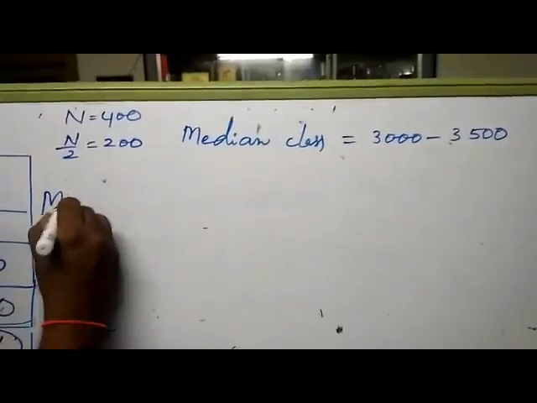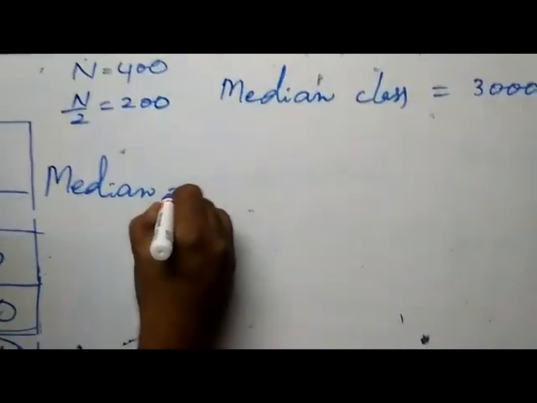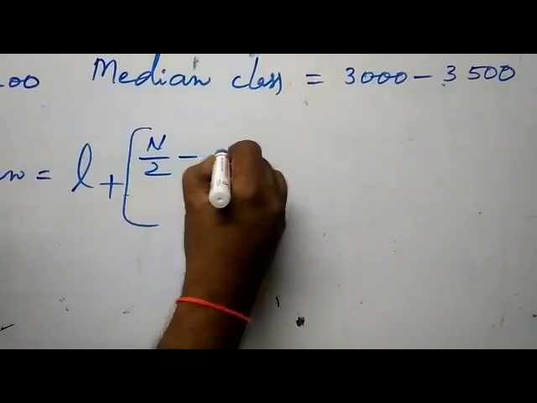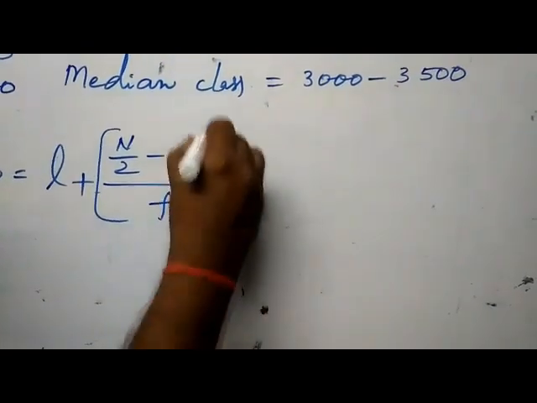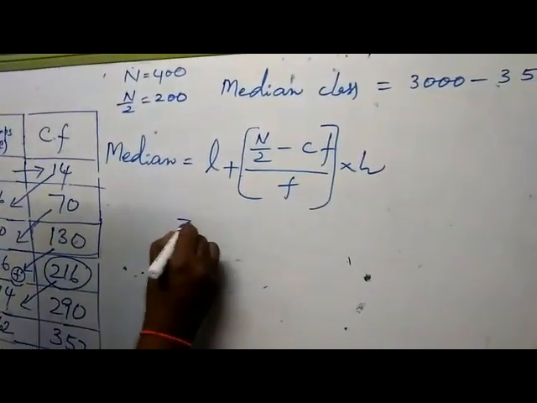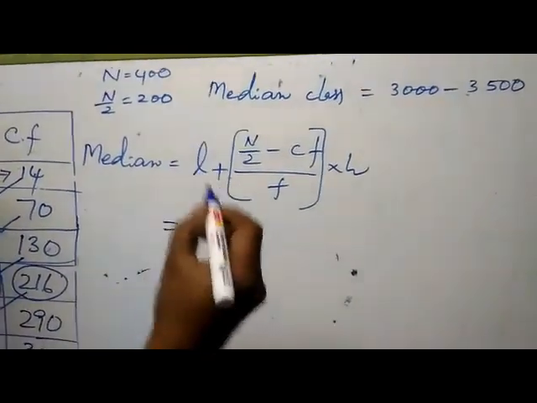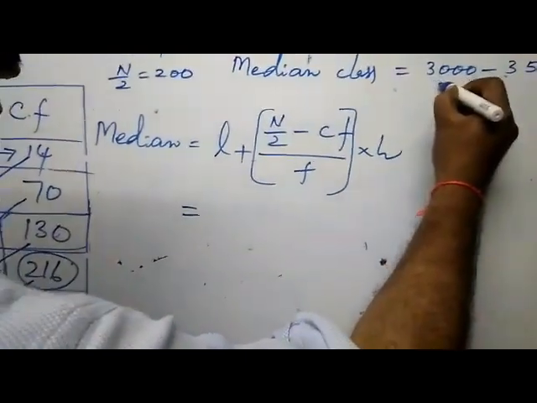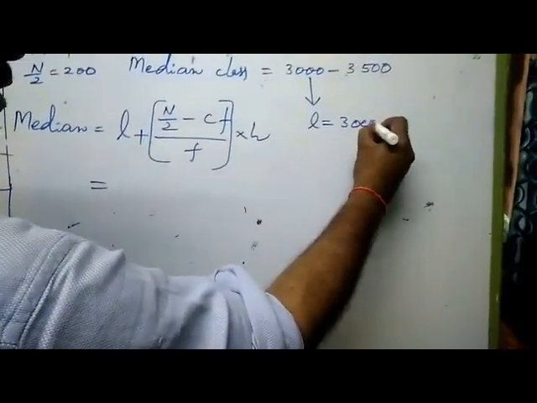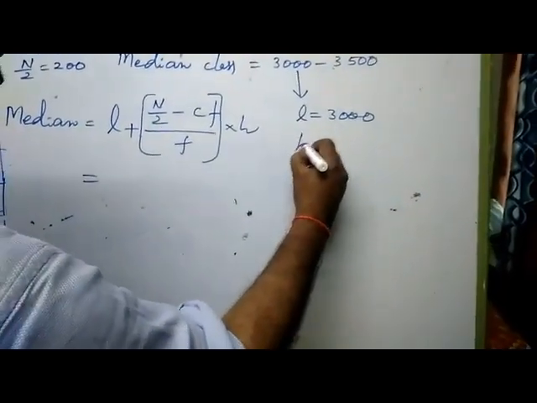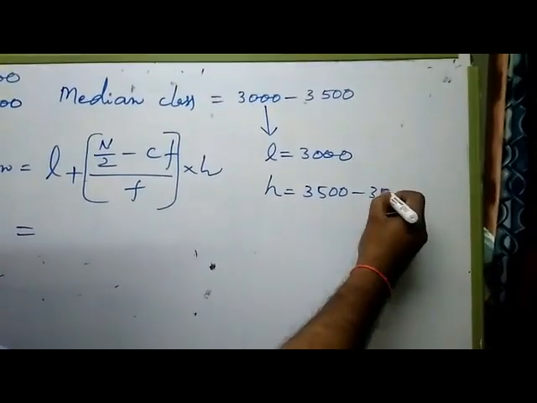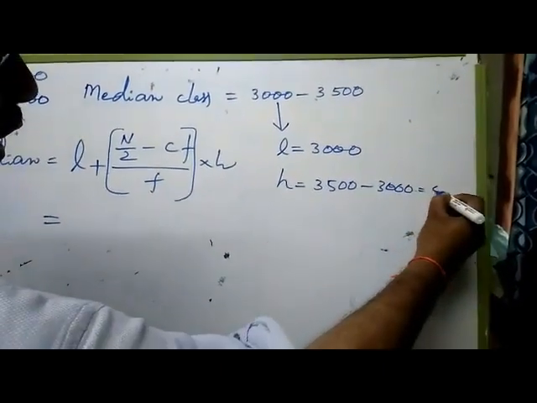I am writing the formula. Median is equal to L plus (N by 2 minus CF) by f into H. Find out L. L is the lower limit of the median class, L is equal to 3000, and H is equal to 3500 minus 3000, which is 500.